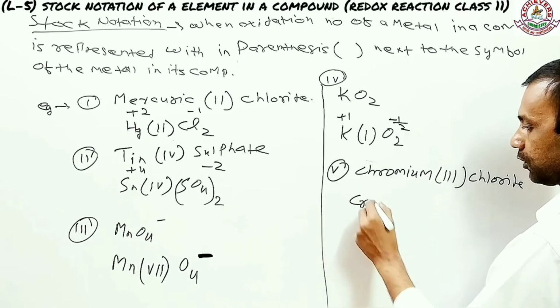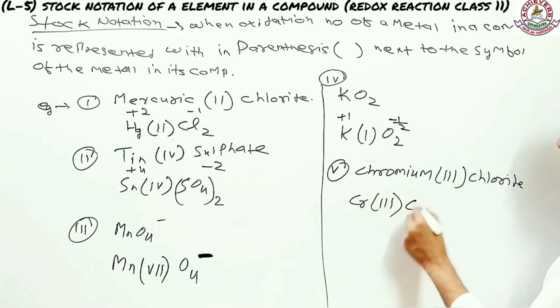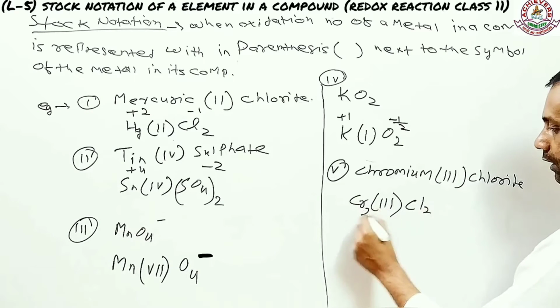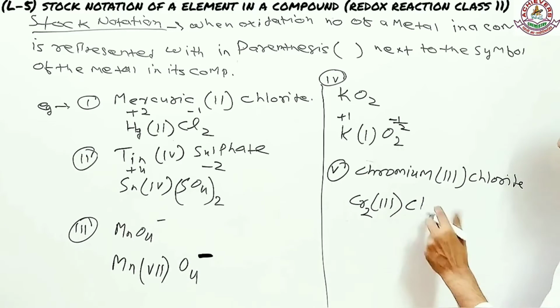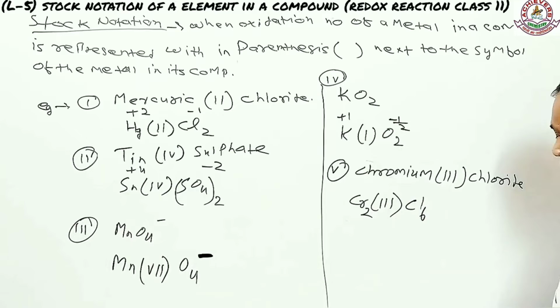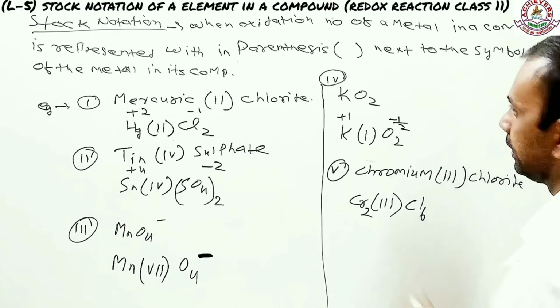So this is going to be chromium, with 3 because that's the oxidation number. Now the question is how much chloride it's going to be. This is going to be Cr2Cl6. Chromium 3 chloride. So this is how you can write the oxidation state.